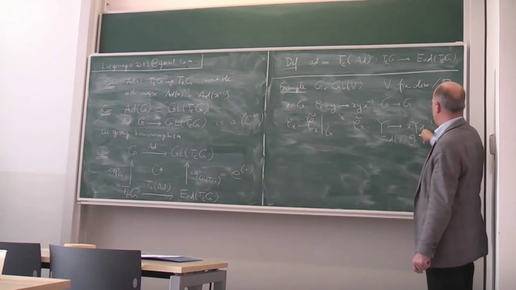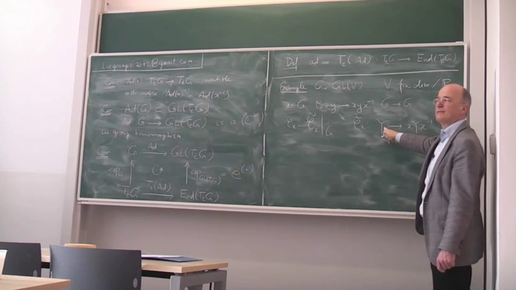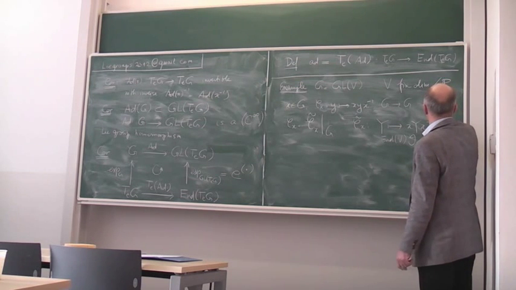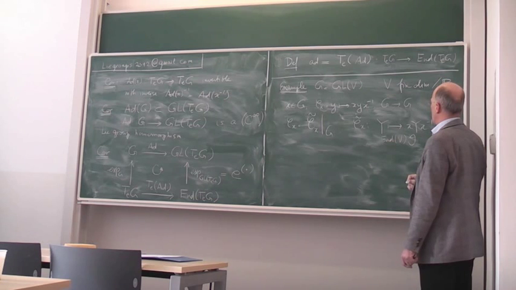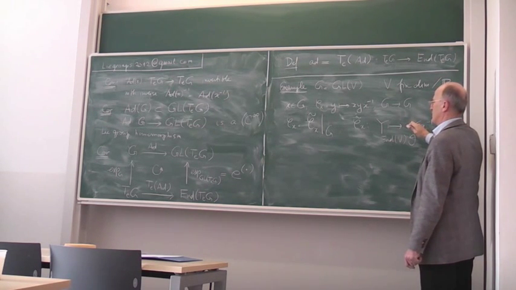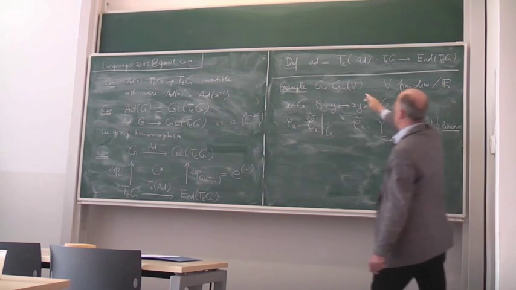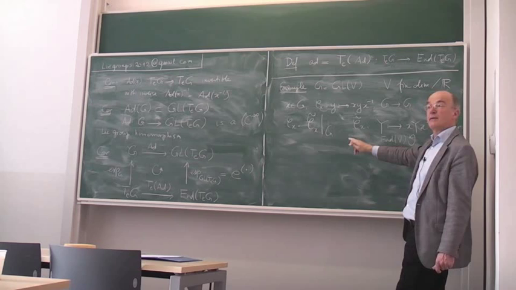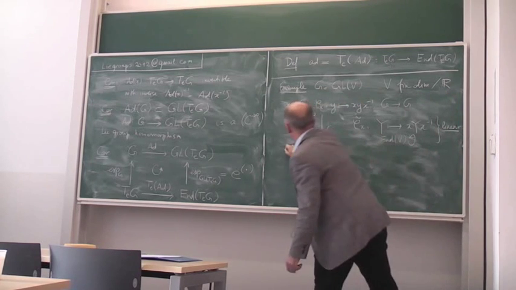Now this map is linear in Y. This is linear. So what are we doing? We have a linear map. We restrict it to an open subset and we take the tangent map at the identity element.